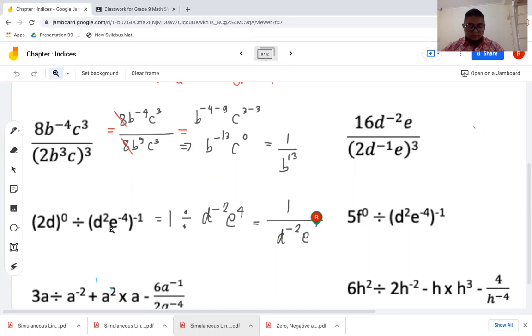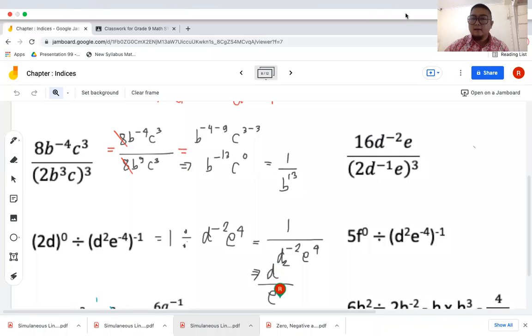Okay, now as soon as you get this one, you will understand that the d has to go up, which will eventually give you d raised to 2 over e raised to 4. Okay.